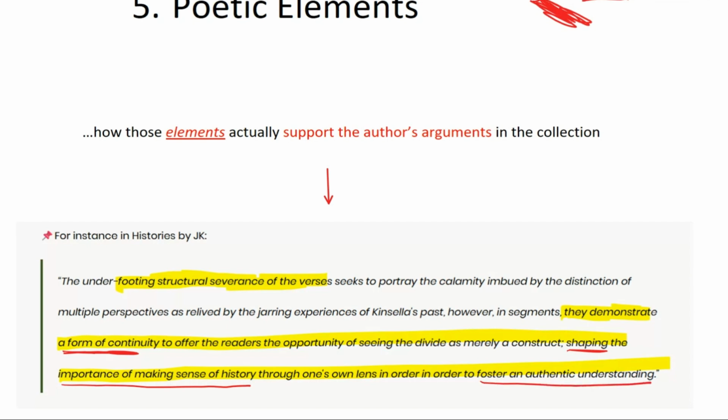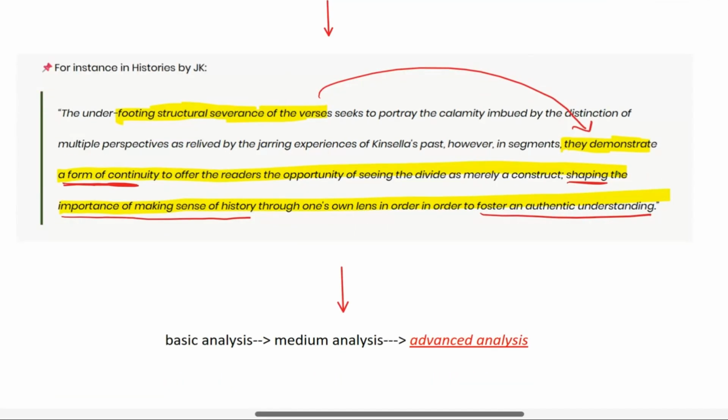So you can definitely see that there's a link from the poetic technique back to the main issue that's being discussed. And that is what is being asked from VCE students in text response. And this is obviously the best way to separate your essays from good to exceptional, and what separates medium level responses to high-end responses. So always keep that at the back of your mind.